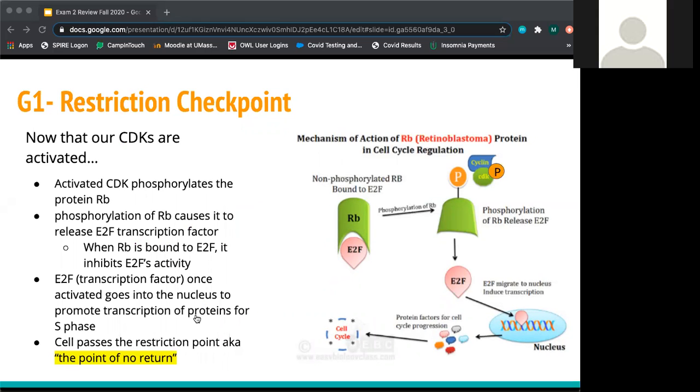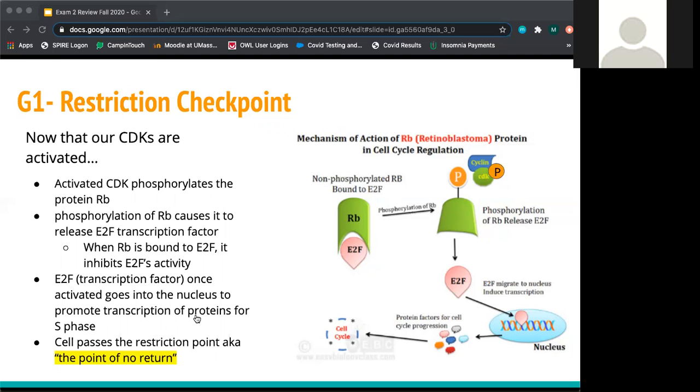Okay, the restriction point, very important. So now that the CDK is activated, CDK will phosphorylate RB. So RB, once it's phosphorylated, it causes a release of E2F, and E2F is a transcription factor.